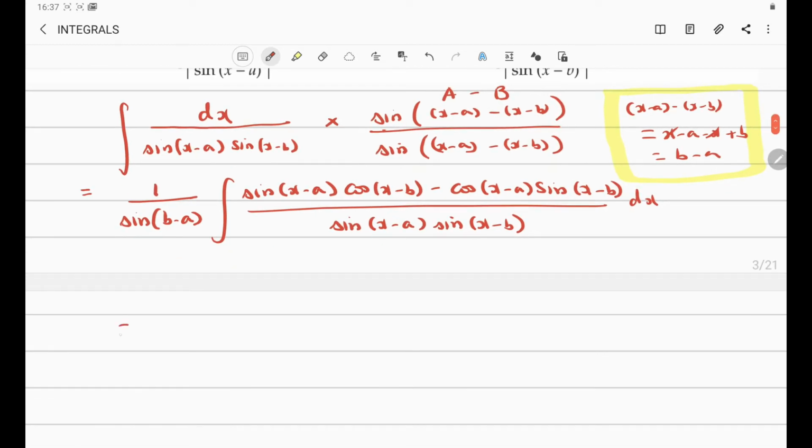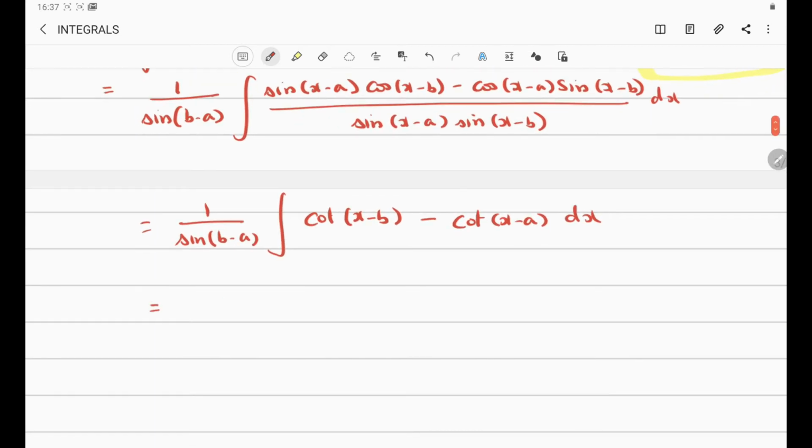So, this is equal to 1 by sin(b minus a) into integral of, when we split the fraction, sin(x minus a) gets cancelled, cos(x minus b) by sin(x minus b) is cot(x minus b). Then we have minus cos(x minus a), sin(x minus b) gets cancelled, cos(x minus a) by sin(x minus a) is cot(x minus a) dx.